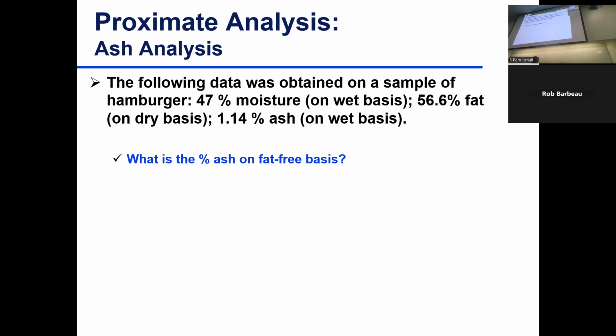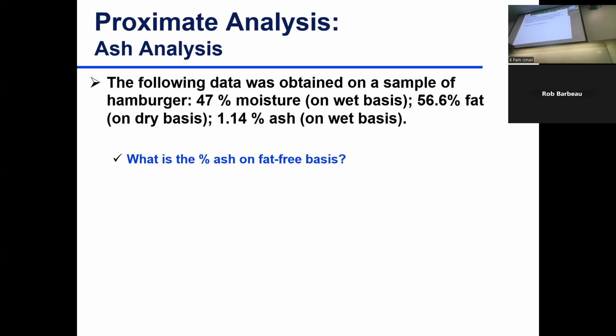Okay. So you have 47% moisture. So in your actual wet sample, how much is your dry matter? 53.